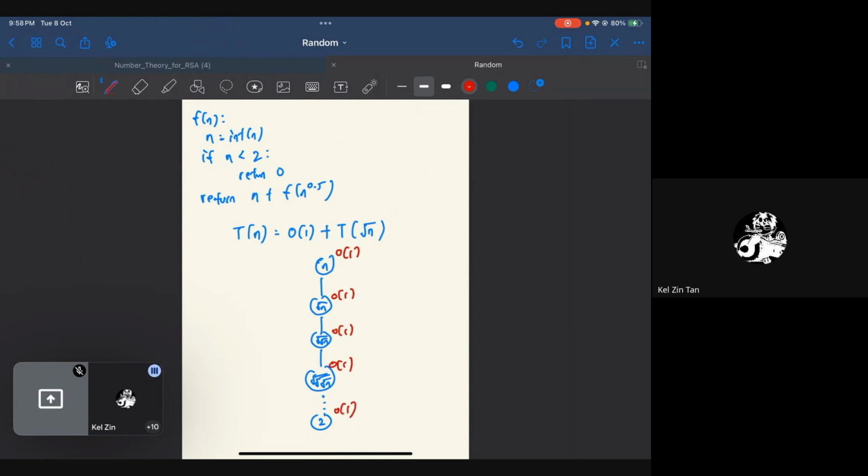So now the question is, how many nodes are there? First, you need to analyze the height. What is the height? Actually, the height is just equal to the number of nodes, because it's just like one straight line. So what is the length of this?